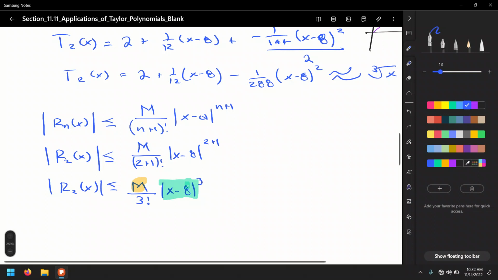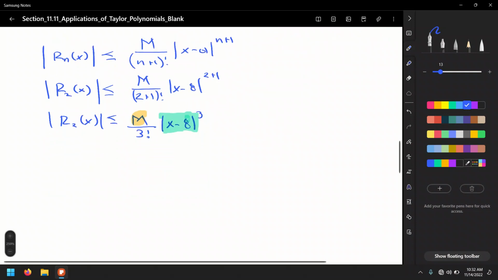Well, we want to make sure that this M is the largest possible and this absolute value of x minus 8 to the third power is also the largest possible, because in this case if we obtain the minimum, well, that's not going to give us the maximum error of expanding about 8 within the interval 7 to 9. So we want to know the maximum value in this case. So I'm going to compute these two quantities separately.